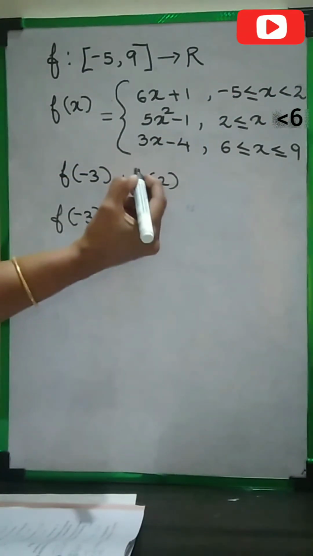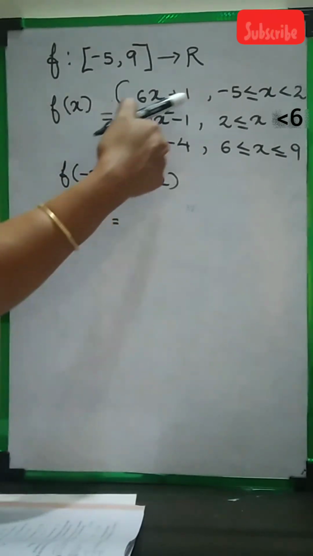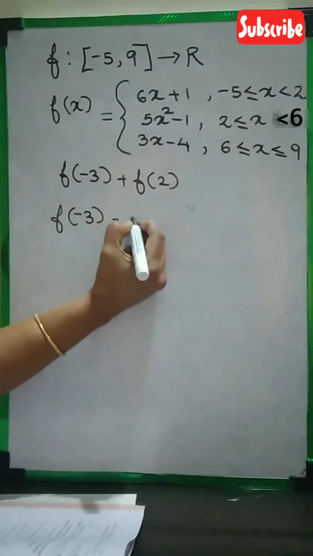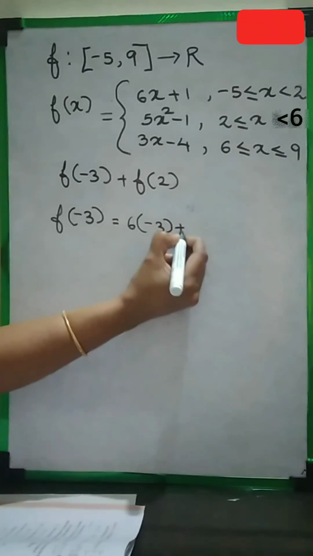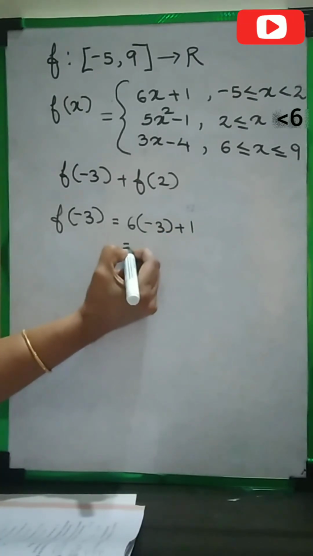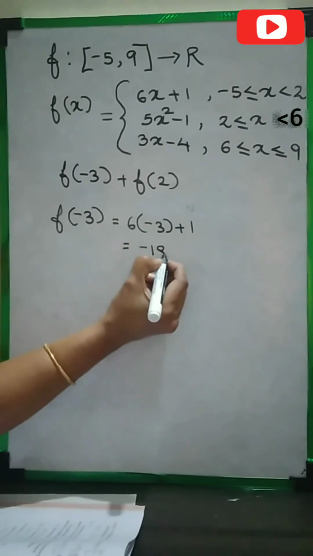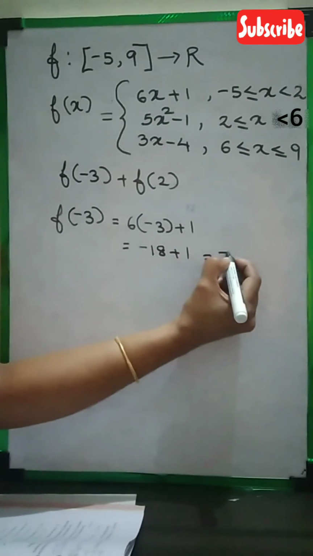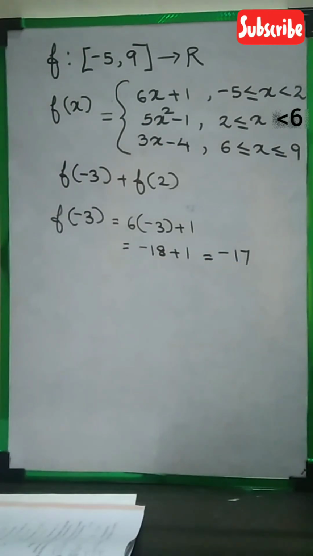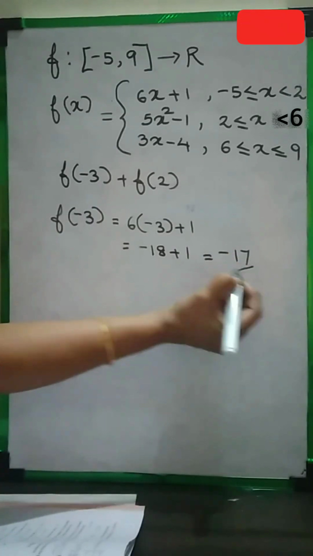So our f of x is 6x plus 1. Okay. That is 6 into minus 3 plus 1. That is equal to minus 18 plus 1. That is equal to minus 17. Okay. So this is f of minus 3.